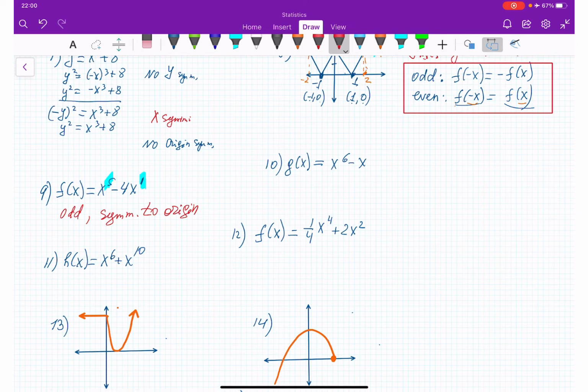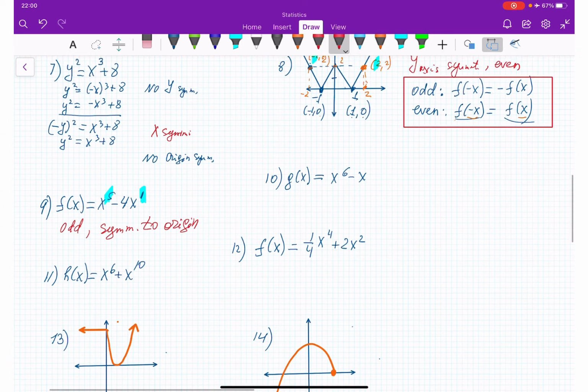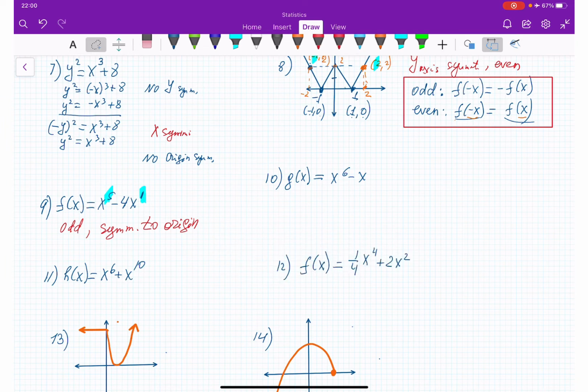Question number 10. Well, this is an interesting case. Here we have even and here we have odd. When we have a mismatch, an even and an odd, that means this function is neither even nor odd.